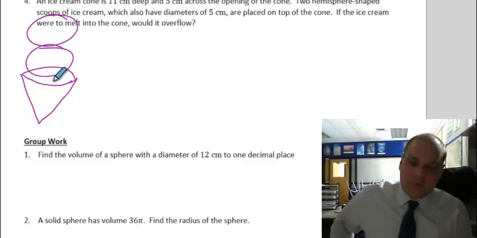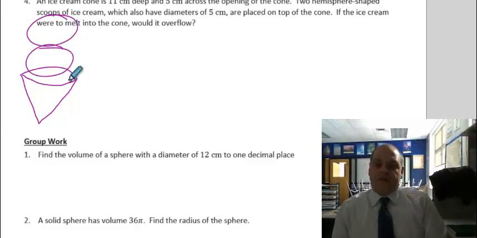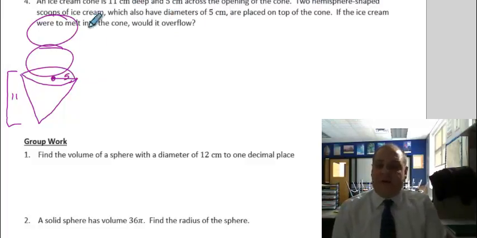Real life problem here. So it's 11 centimeters deep. That's going to be the height of the cone. And 5 centimeters across the opening of the cone. Oh, across the opening. I messed that up, sorry. Across the opening of the cone is 5, so the diameter is 5.